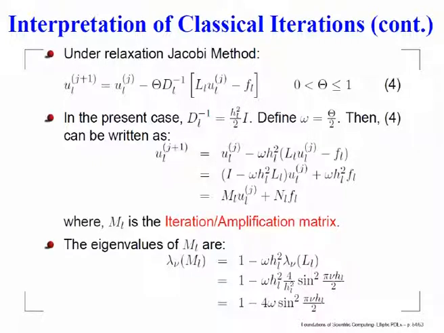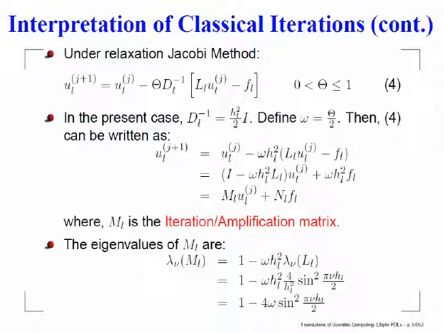How well this method converges will depend upon the eigenspectrum of this M matrix, and the M matrix is given by I minus this. We have already found the eigenvalues of the L_L matrix, so it is not at all difficult to find the M matrix eigenvalues.